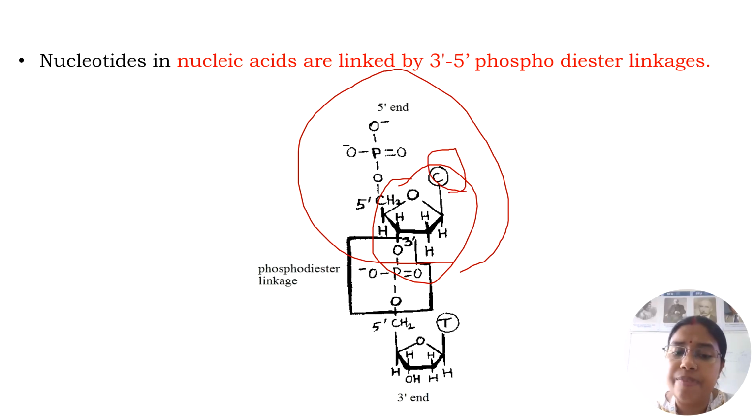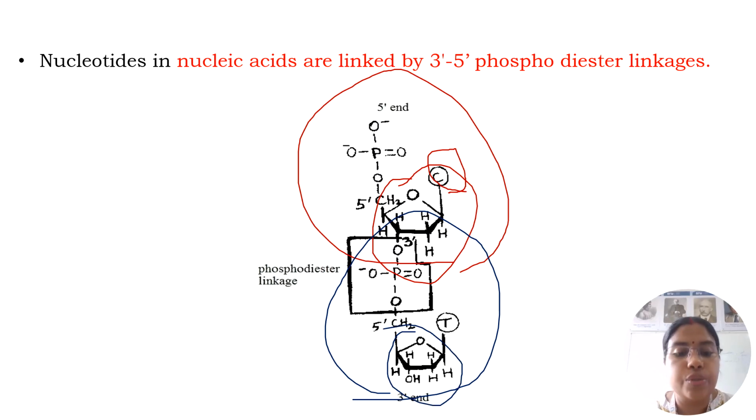It has one phosphate group, whereas this one is another nucleotide, that is the sugar molecule deoxyribose, that thymine is linked here and the phosphate group is here.